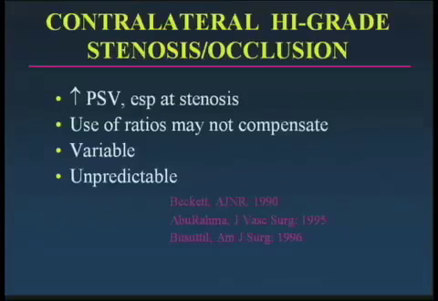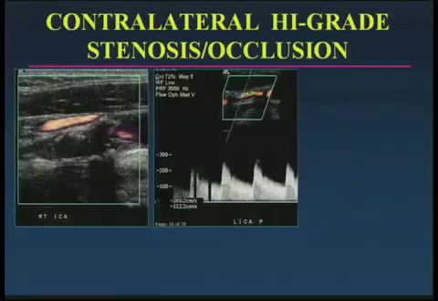Another thing to think about if you have an increased peak systolic velocity but not really a lot of plaque is that there might be a problem on the other side of the neck, because a contralateral high-grade stenosis or occlusion will increase the velocity opposite to it. Unfortunately, the amount that it increases the velocity is really quite variable and unpredictable, and so therefore the use of that velocity ratio doesn't in fact always compensate.